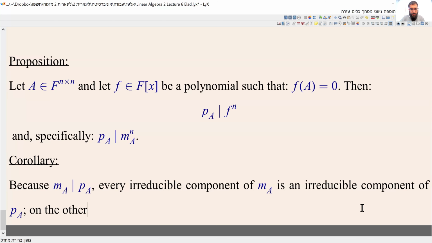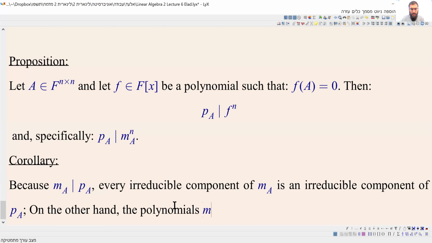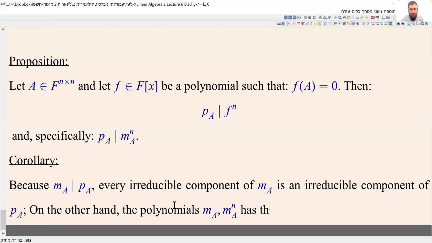On the other hand, the polynomials MA and MA to the power of n have the same irreducible components, just different powers.